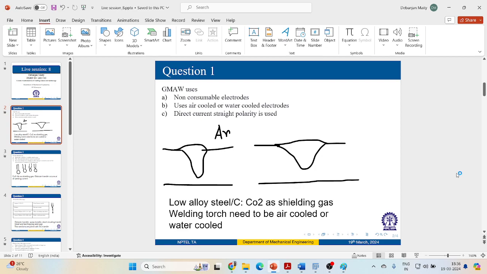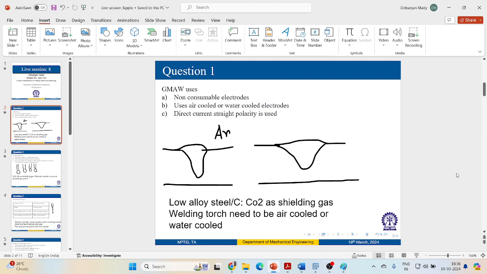And your arc should be struck by either of two methods. What are those two methods? We have already covered these in your TIG operation also. In the first method, you switch on your current and shielding gas, and you scratch your electrode against the workpiece as is the usual practice. What do you do for shielded metal arc welding, for striking the arc, right?